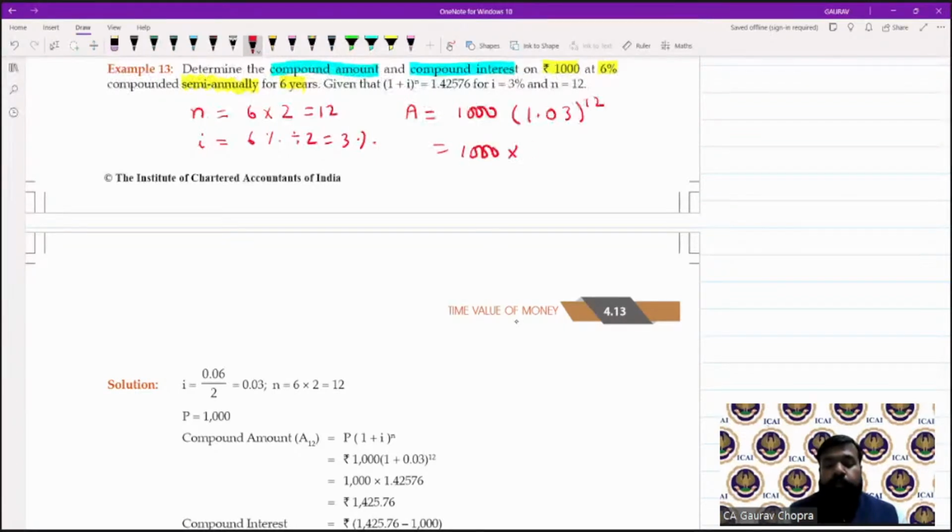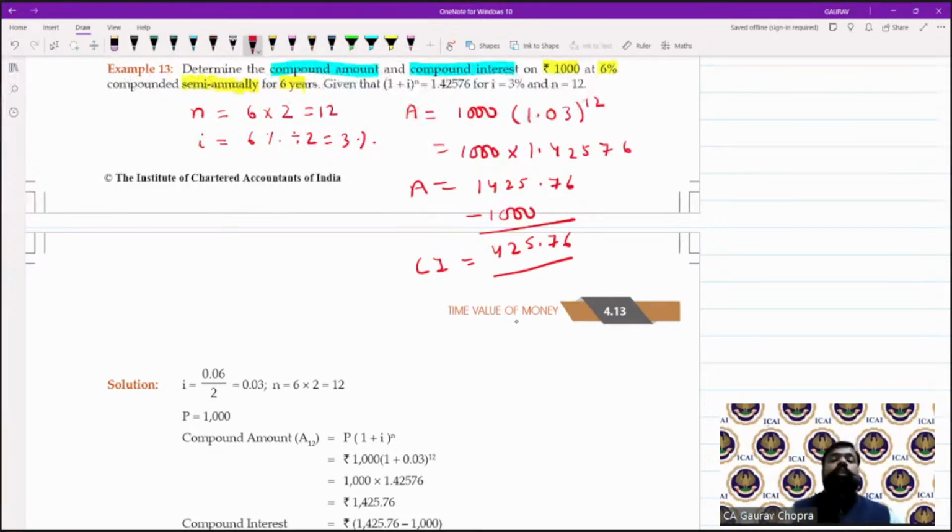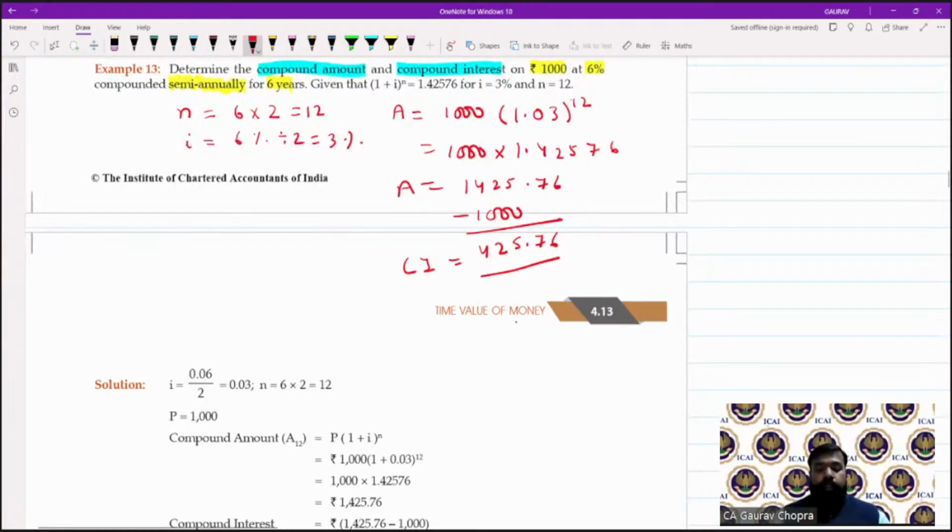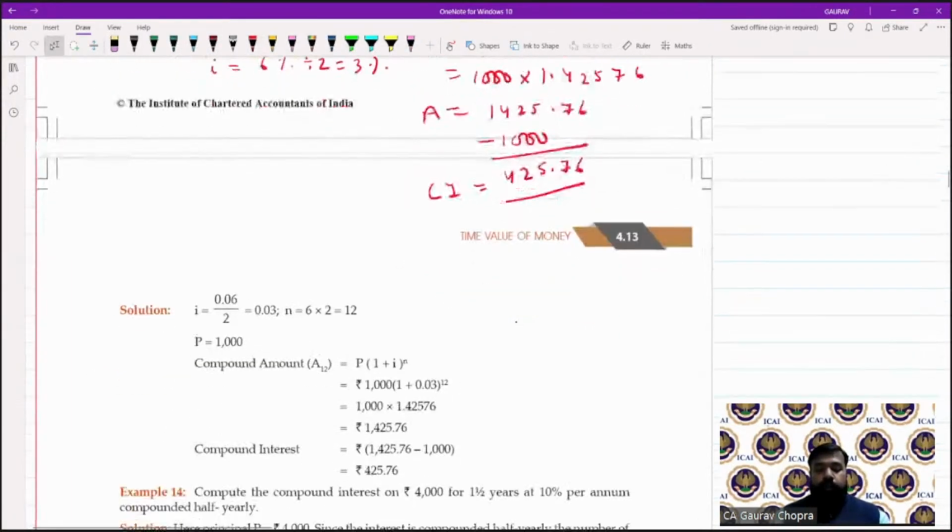So you have to multiply 1.42576. And answer is there on the screen, 1425.76. This is the amount. Also, we have to calculate compound interest. So subtract principal, that is 1000, you will get 425.76 as the compound interest.